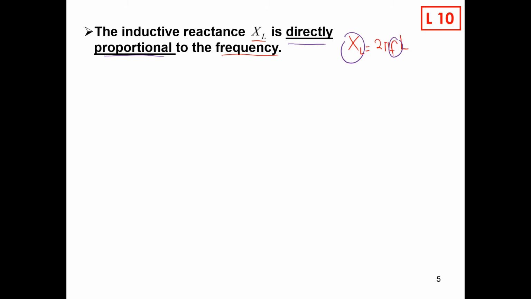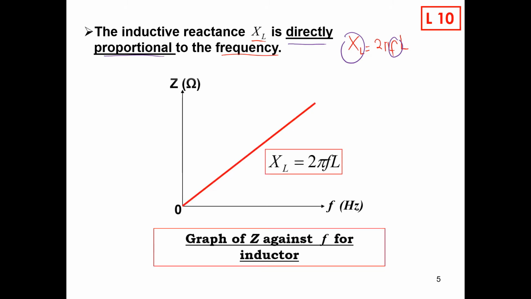So we can sketch a graph of impedance against frequency. For the inductive reactance, since it is directly proportional, we will have a straight line proportional graph. This represents the graph of impedance against frequency for an inductor.